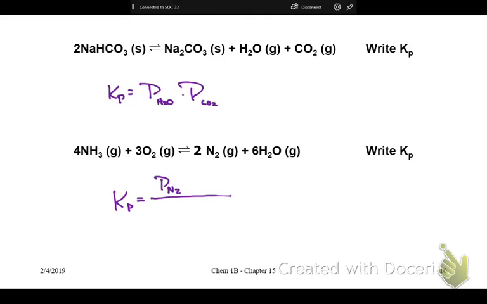I'm just going to write the stuff down, and then you tell me what the exponents are here. What's the top exponent for the N2? 2. And for H2O? 6. NH3? And for O2? 3. Right? You're all experts. Good.